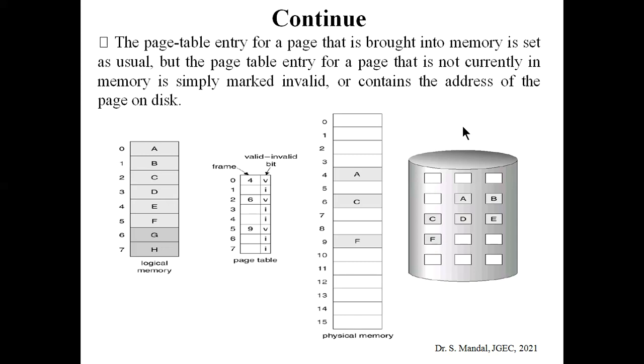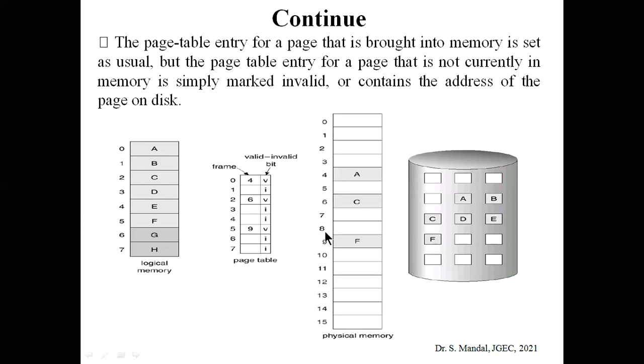Here we can see the block diagram of the page transfer method. This one is the logical memory, and you can see that each block indicates a page: page 0, page 1, 2, there are a total of 8 pages here, and this one is the physical memory.